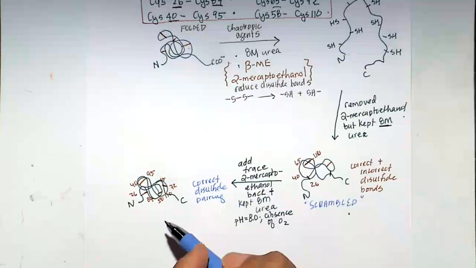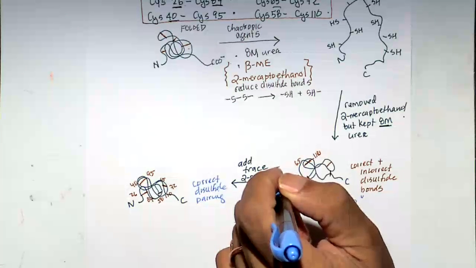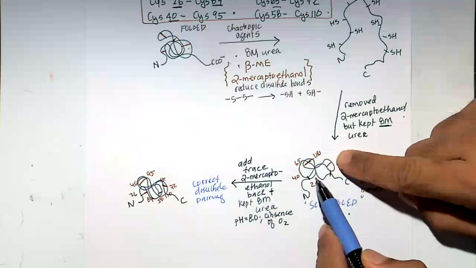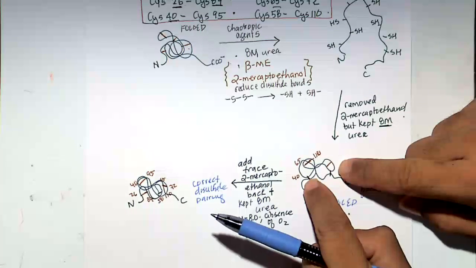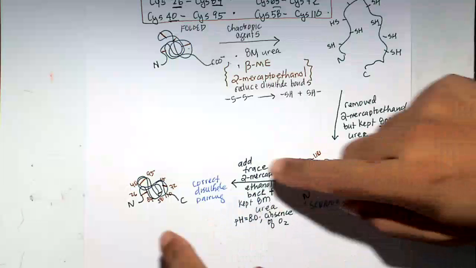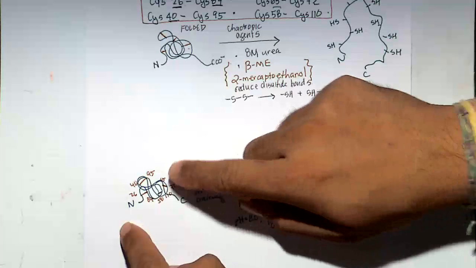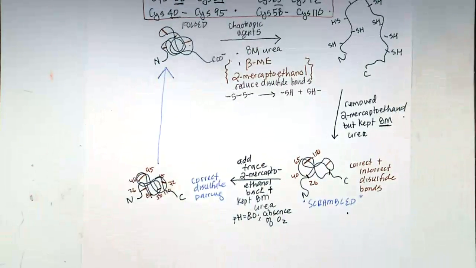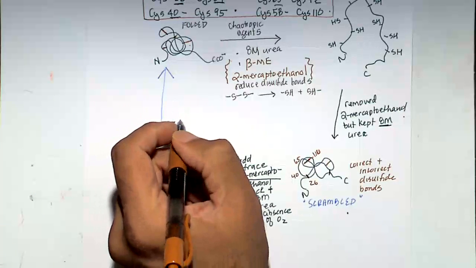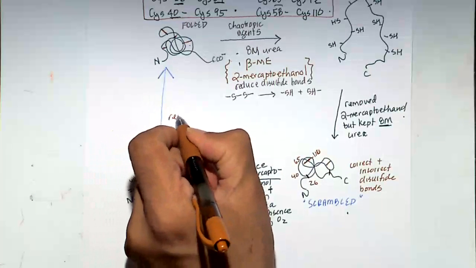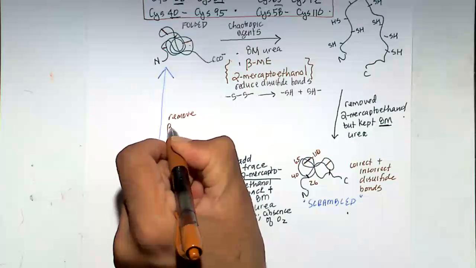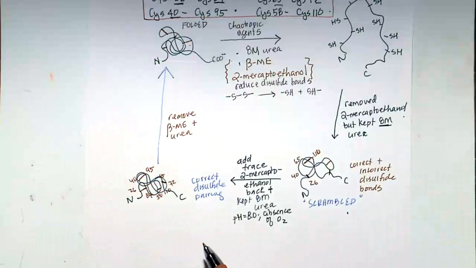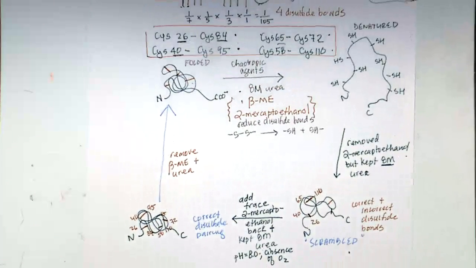Once you got the correct disulfide pairing by adding back the trace 2-mercaptoethanol, why did he add it back? Yes, to break the incorrect disulfides and provide an environment for the correct disulfides to form. Once the correct disulfides formed, he removed the BME and he removed the urea, and he got 100% folded.